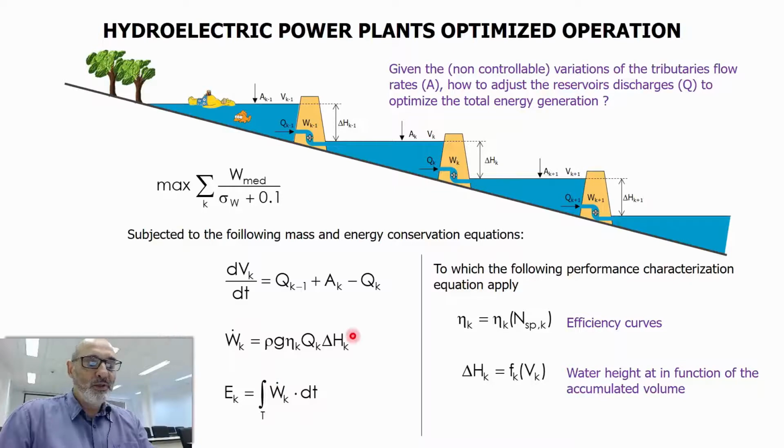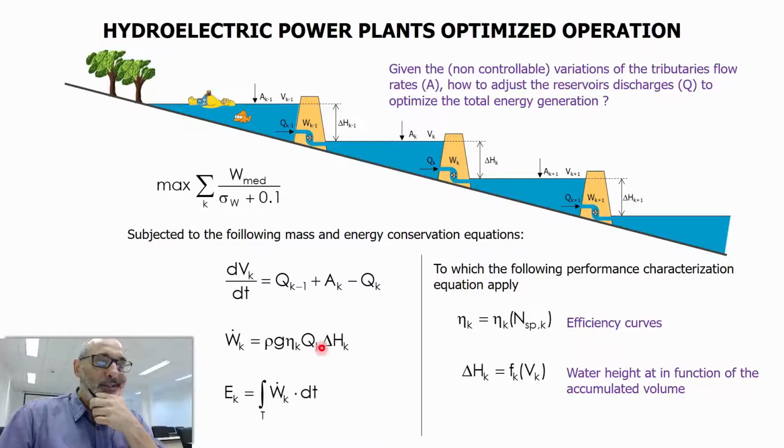And related to this turbine performance, which is characterized by its efficiency, eta is a function of the specific rotation, as I mentioned. You also have a very, very important variable, which is delta H. We call it head, that's the jargon, but it's the height of the reservoir, or the water level.